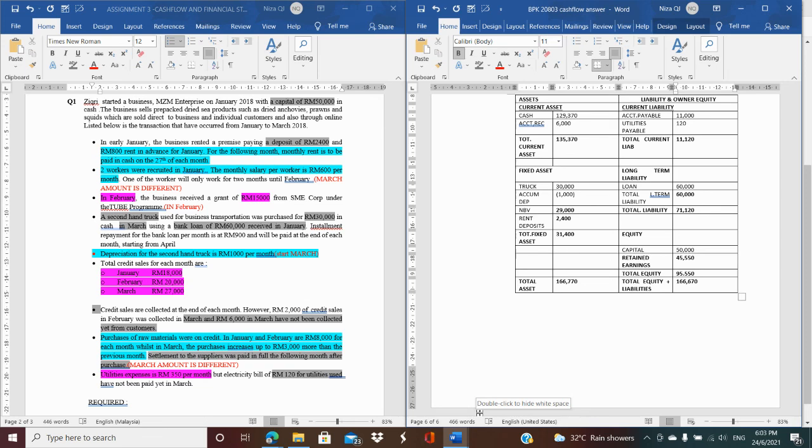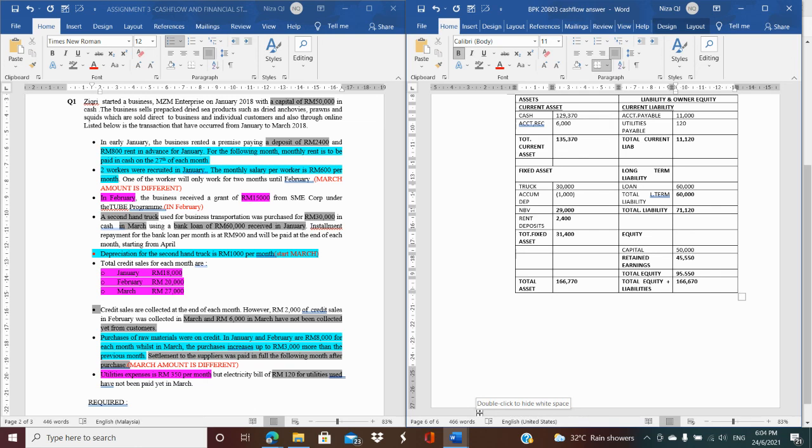It will require more time to understand, because if any information is left out, your balance sheet will not balance. Don't worry about this. In your final examination, the balance sheet is not included. It's only up to the income statement, and you're only going to prepare for one month. So that's all for the financial part.